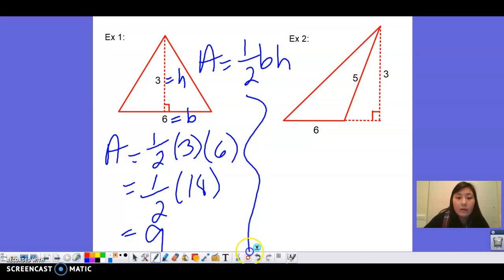Now over here in the right triangle, we have to figure out our base and our height as well. So our base is still going to be 6 here. Now we have a 5 and then we have a 3. However, the 5 is a slanted side and the 3 is a straight up and down height. So 3 is actually going to be our height.